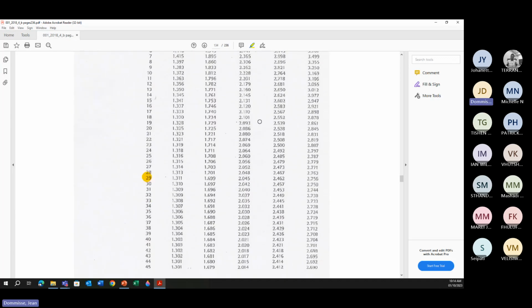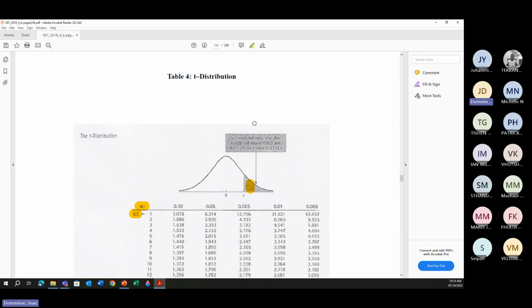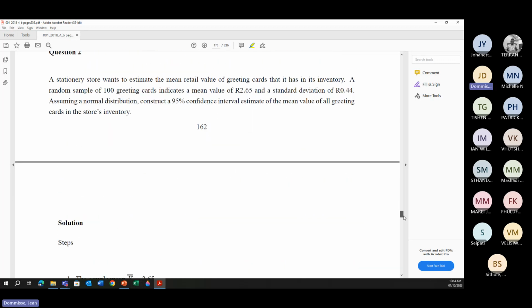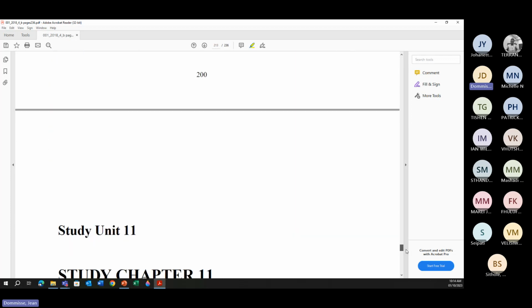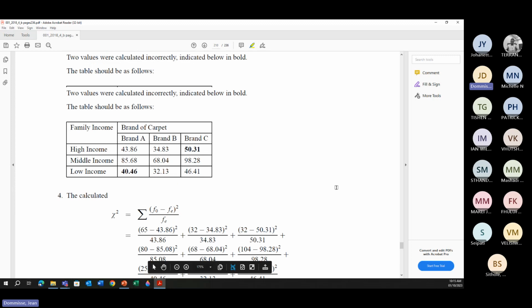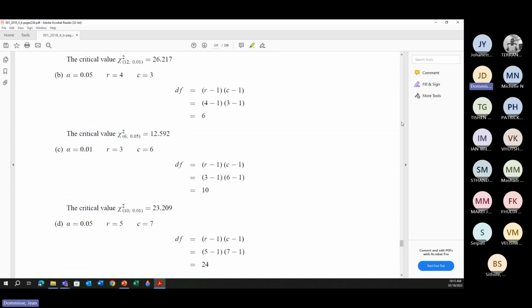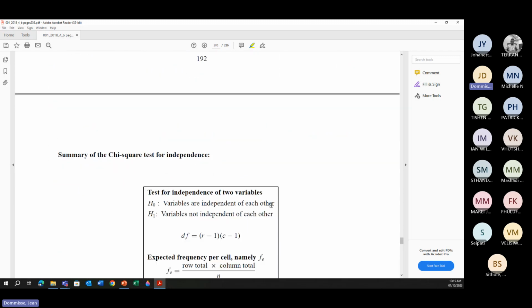I'll get the one in the textbook, because nobody can read that. So I'll get you the one in the textbook about what is next to the T on that table, because that is in the study guide that I have. There's no way I can read that at all.